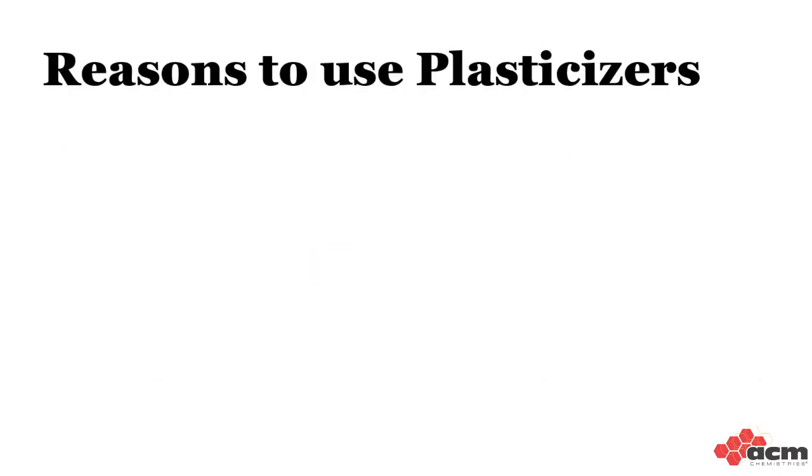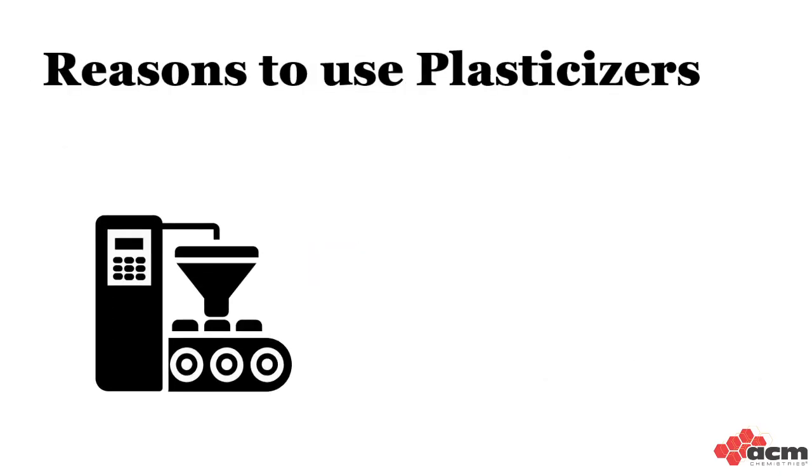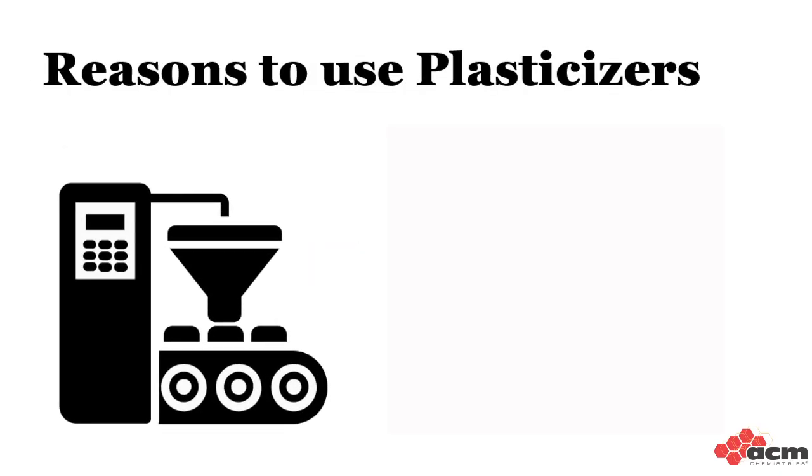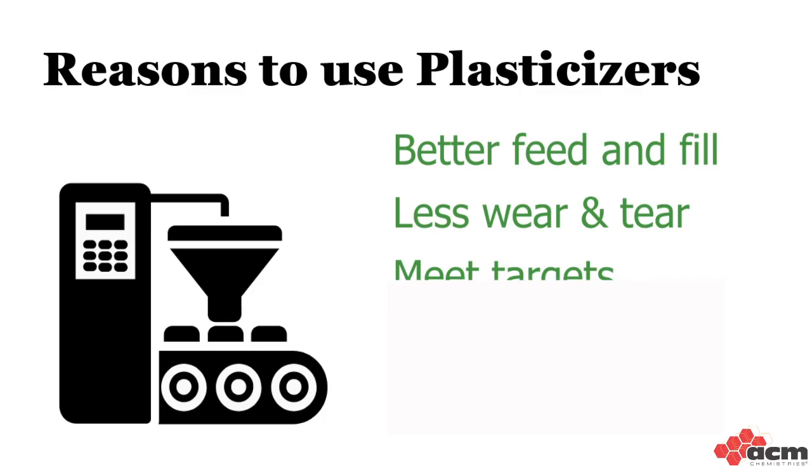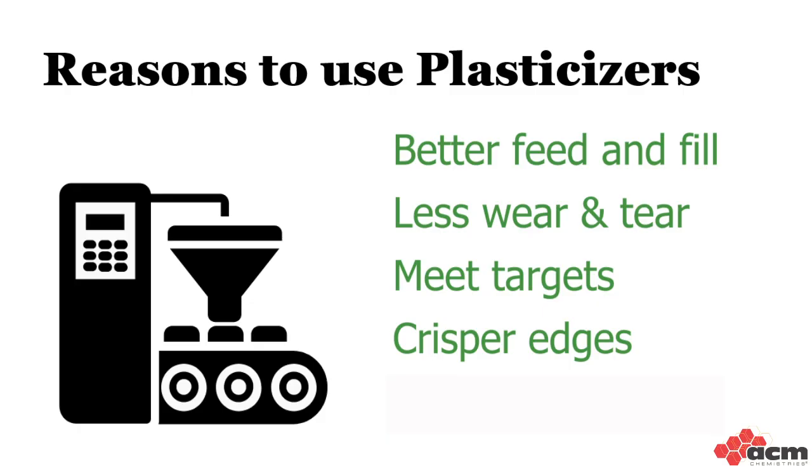Well, if you're in production, it makes it easier and faster to feed and fill the mold properly. Less vibration means less wear and tear on the machines. Speeding up the production process also makes it easier to meet your production targets. And of course, better filled molds mean crisper corners and edges and fewer culls.